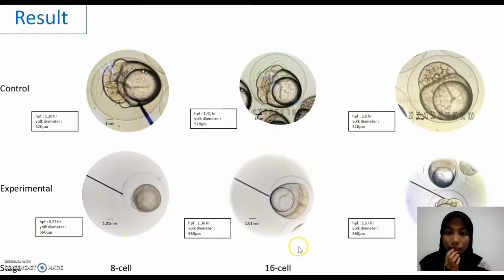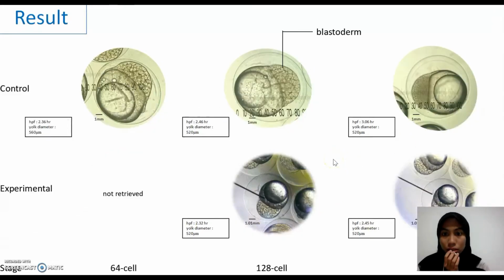This is 8 cells, 16 cells, and 32 cells. How to count it? If you can see here, there's 1, 2, 3, 4, which is a 2 times 4 array of blastomeres. The same goes with 32 cells, 64 cells, 128 cells, and so on.